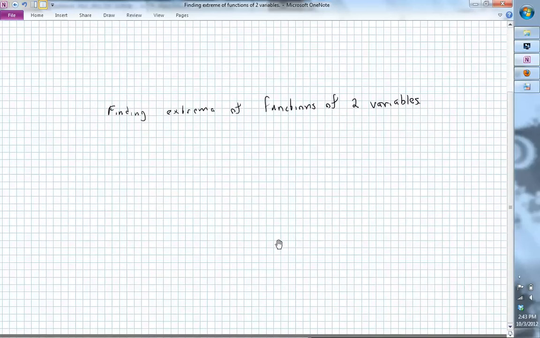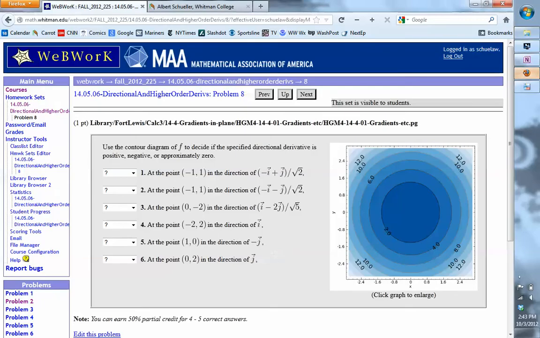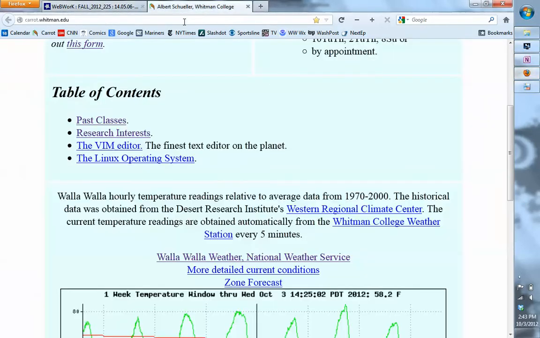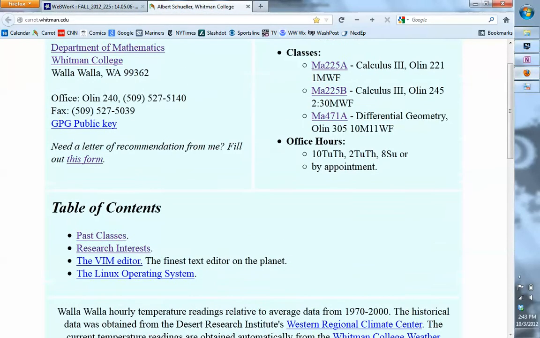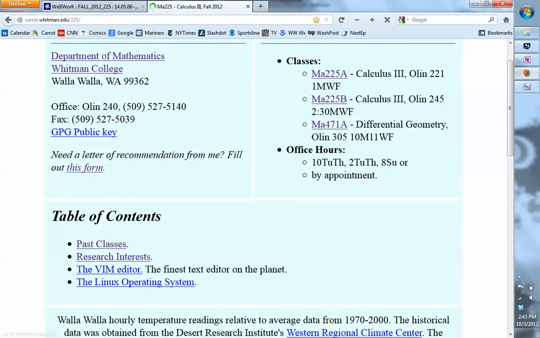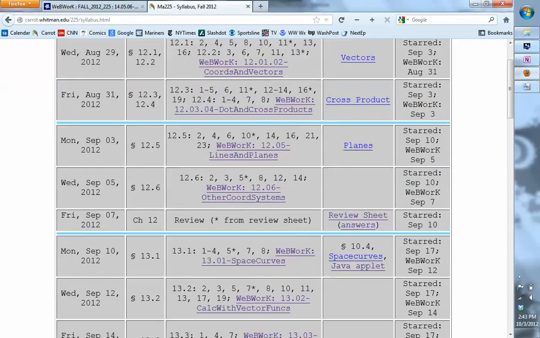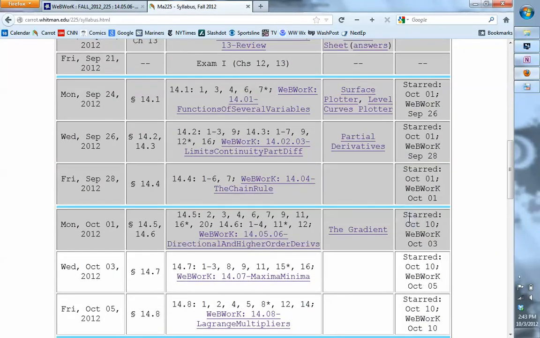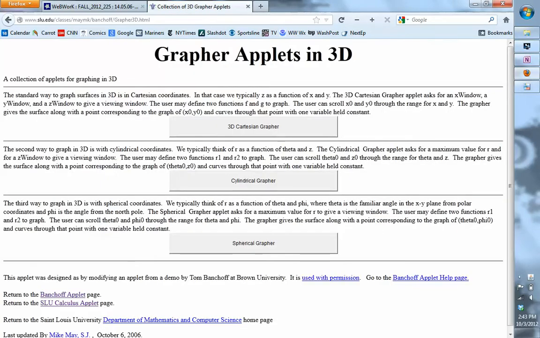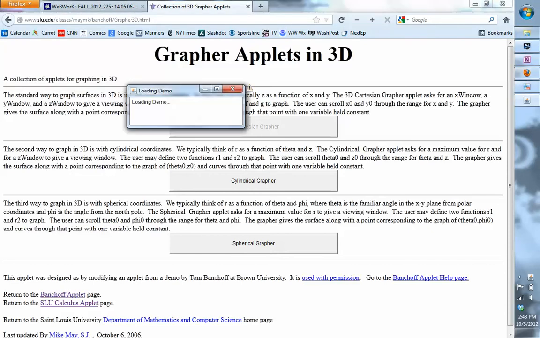Let me remind you, let me pull up a picture here. You'll remember this Java application that plotted surfaces. And I think just the default function is enough for me to illustrate my point.